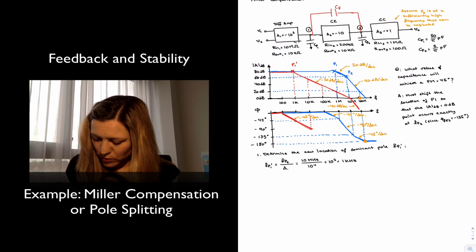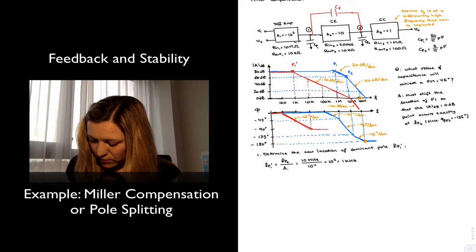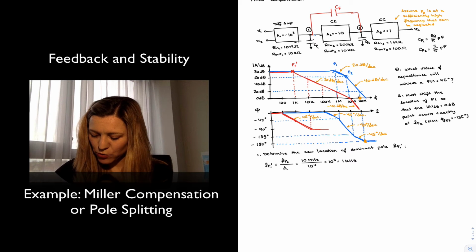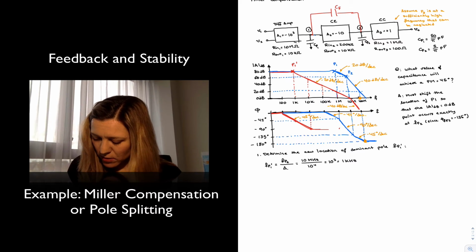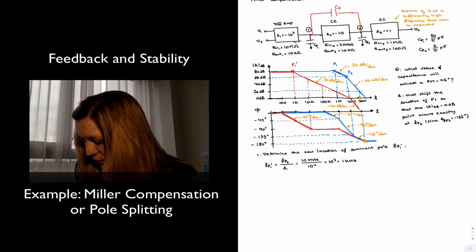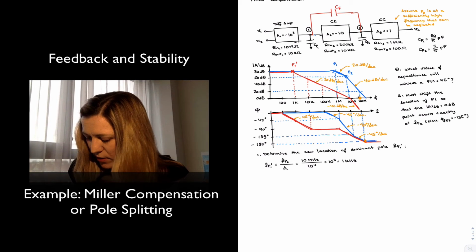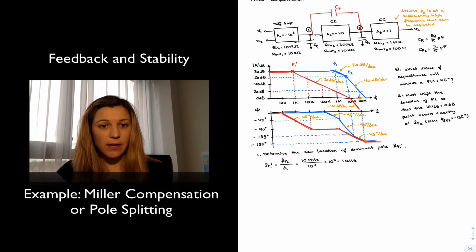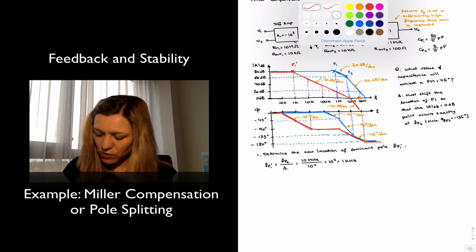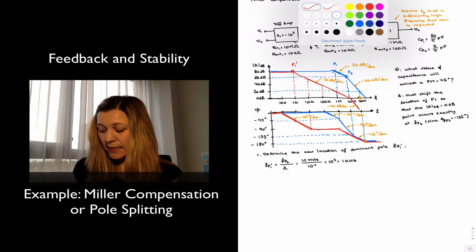And then it's going to be approximately flat until I get to 1/10 of my location of P2, or 1 meg, after which point it's going to start going down at the rate of negative 45 degrees per decade, and then flatten out after 10 times the location of FP2. So this is also a rate of negative 45 degrees per decade.